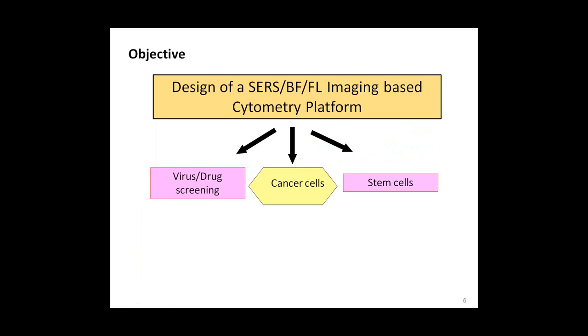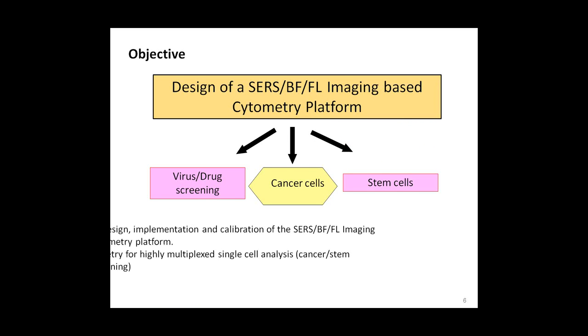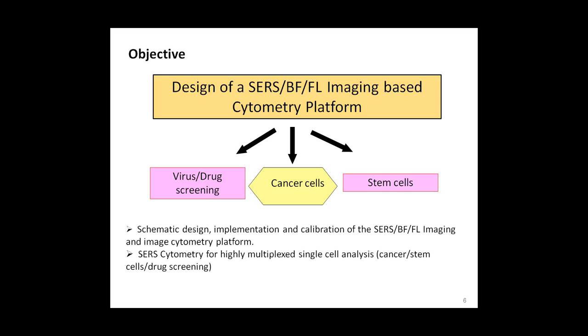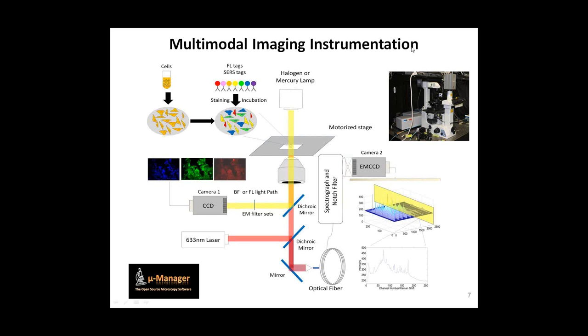So our objective is to design a SERS, bright field, and fluorescent multimodal imaging system for cytometry. We want to look at multiplex single-cell analysis in cancer, stem cells, and drug screening. The multimodal imaging instrumentation was implemented as you can see here.